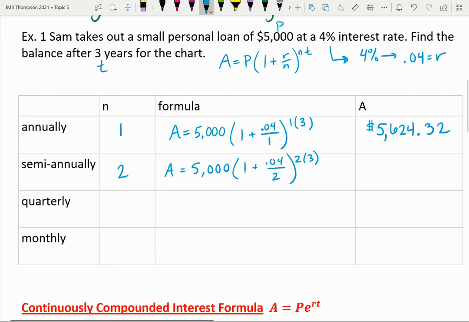So order of operations inside those parentheses, I have choices to make also because I have 1 plus and I have a division. Do your division first. Inside the parentheses, I get 1.02. Raise that to the power of 6.